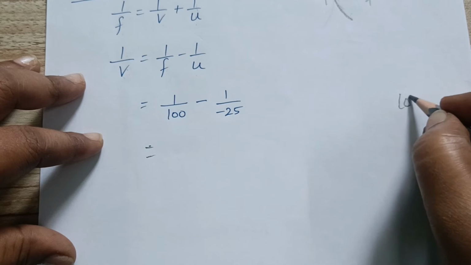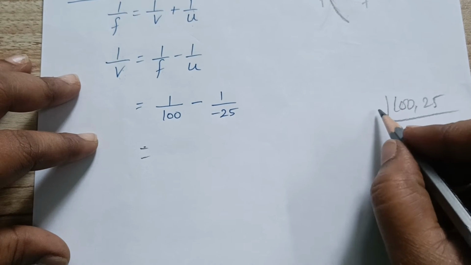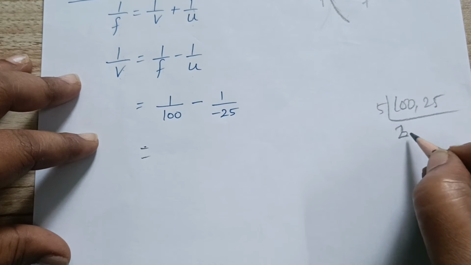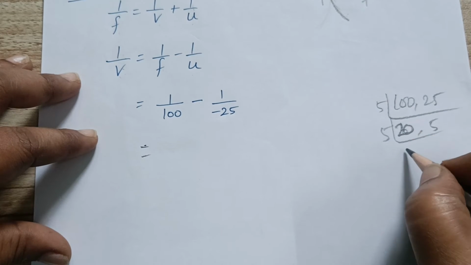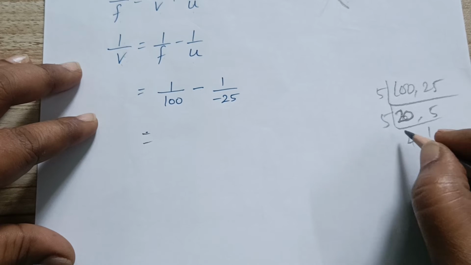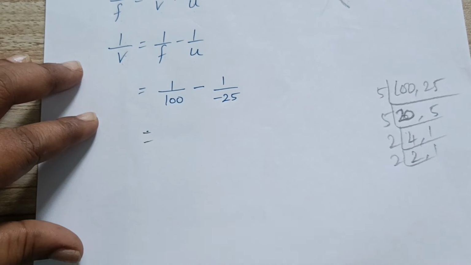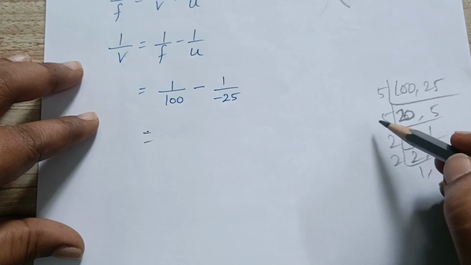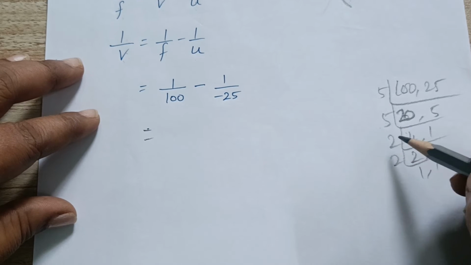What is the LCM of 100 and 25? 5 5s are 25, 25 2s are 50, 50 2s are 100.